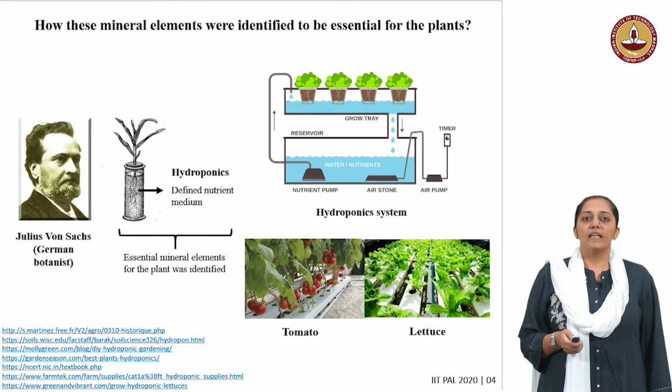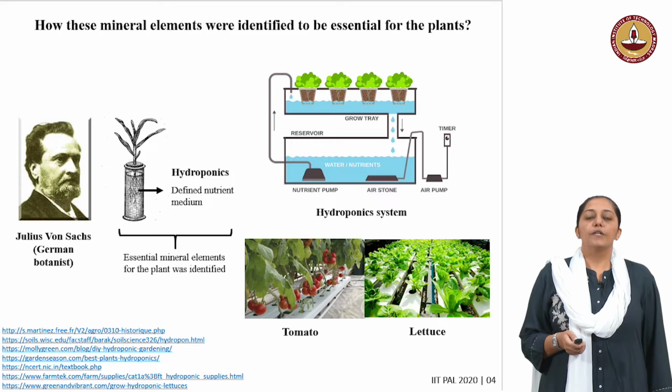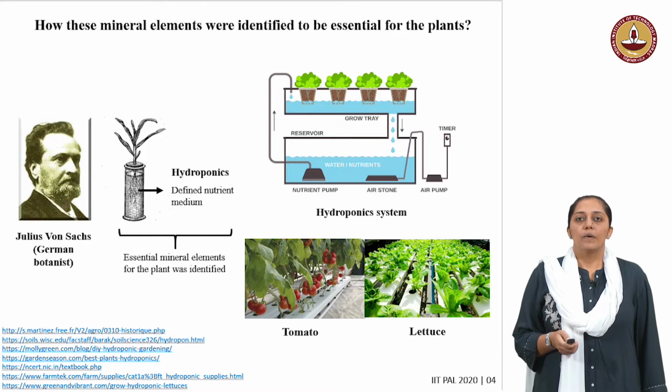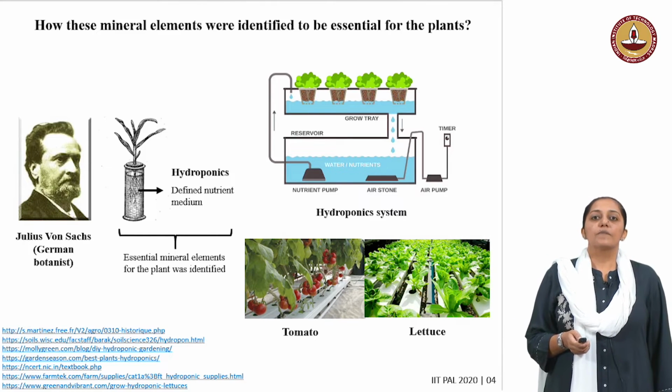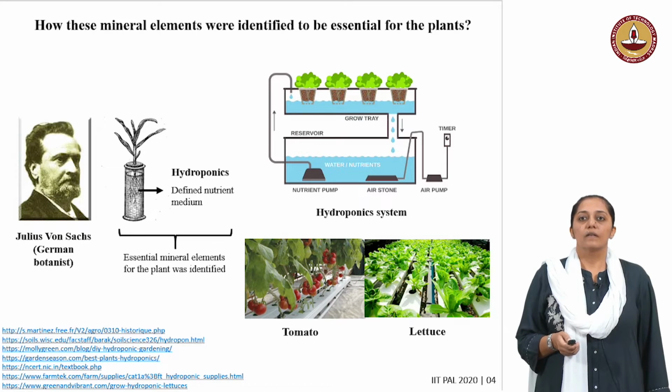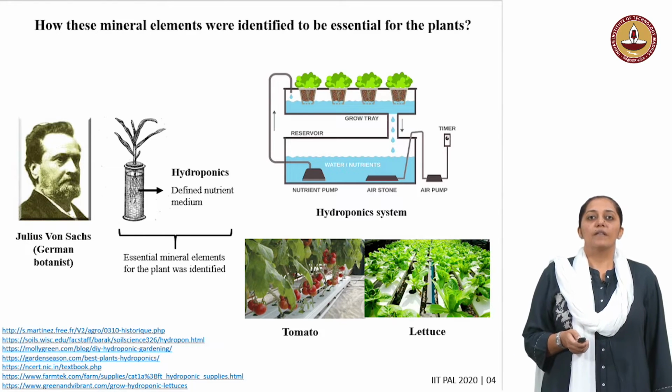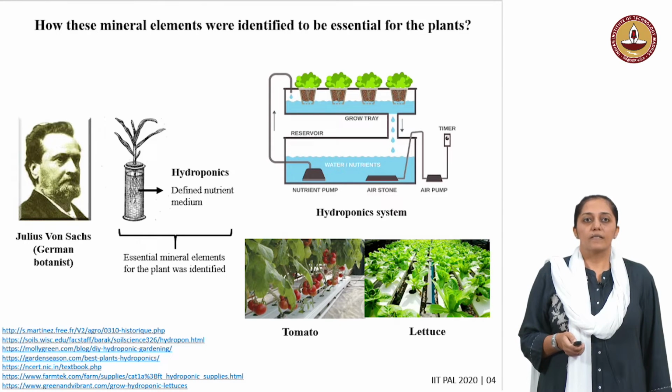So this technique of growing plants in a nutrient solution is known as hydroponics, which is now being commercially utilized for the cultivation of various food crop varieties essentially.